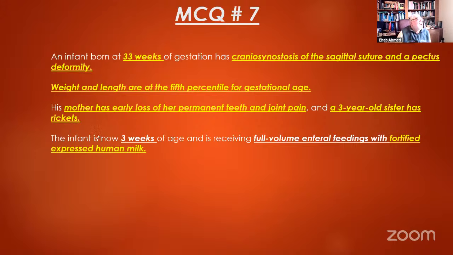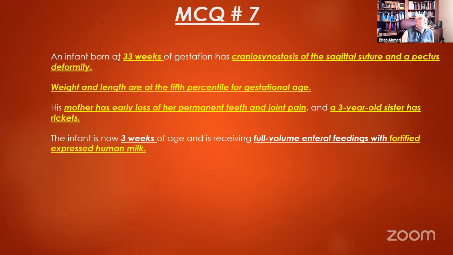And here come the more important words, the keywords. The mother has early loss of her permanent teeth. So there is a teeth problem in the family. So we have a positive family history affecting the teeth and joint pain in the joints. A 3-year-old sister has rickets.